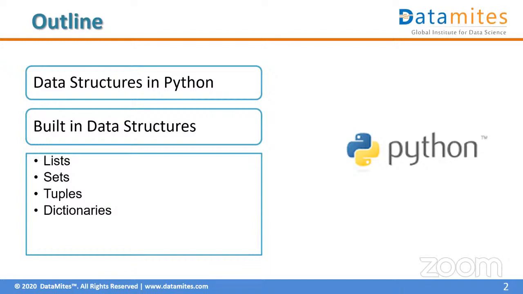Okay, I can see one more question there: what is a linked list in Python? See, a lot of data elements are there, which are connected by means of links.